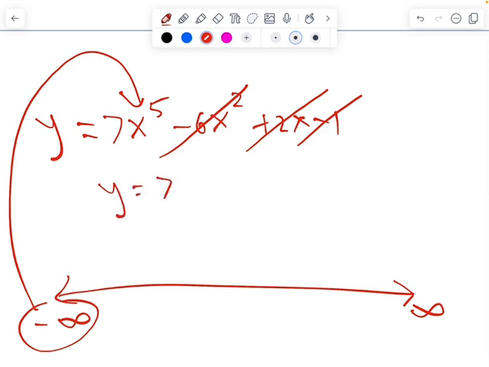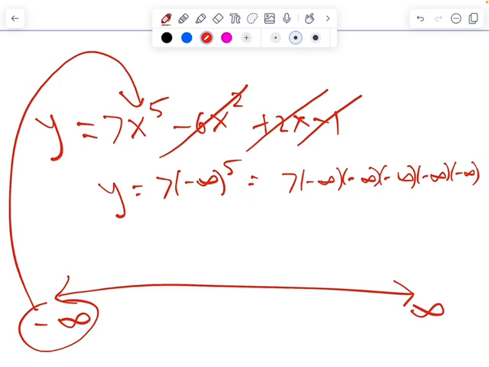So y equals 7 times negative infinity to the fifth. That's 7 times negative, negative, negative, negative, negative. A negative times a negative is a positive, and now we've got that negative that doesn't cancel out. So that turns into negative 7 times infinity. So it's just negative infinity.